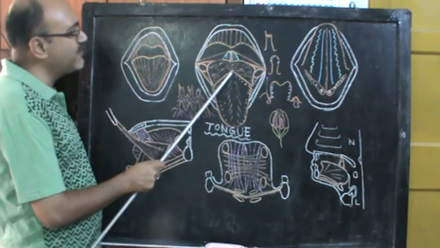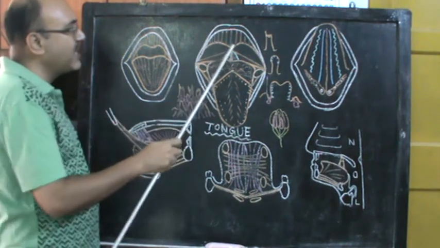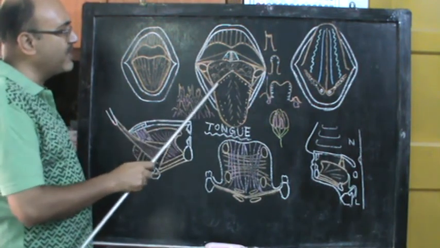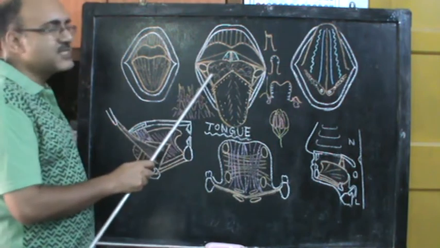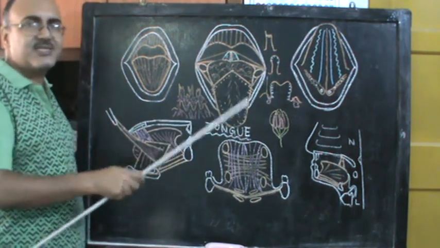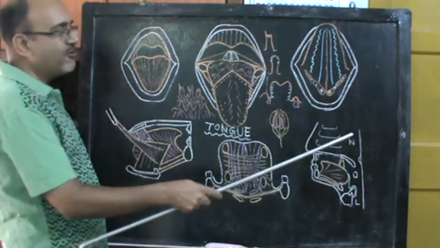So when the dorsum of the tongue is pulled up and the palatoglossal arches are approximated and uvula is brought slightly down, this entire opening, the oropharyngeal isthmus, somewhat narrows. That is why it is a form of a functional isthmus, a junction point between the oral cavity and the oropharynx.